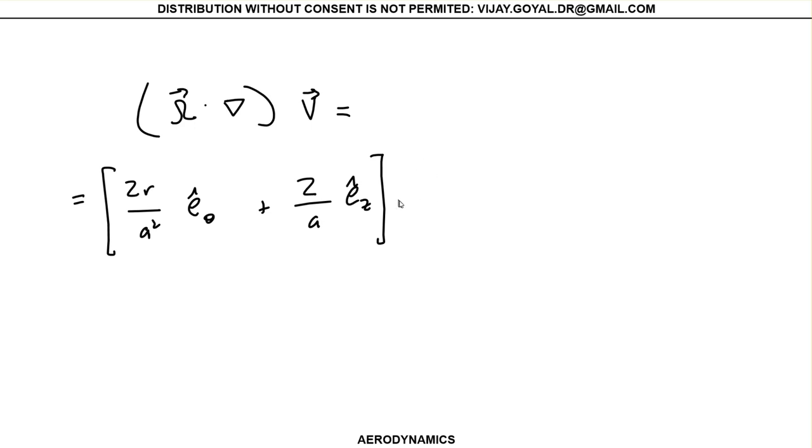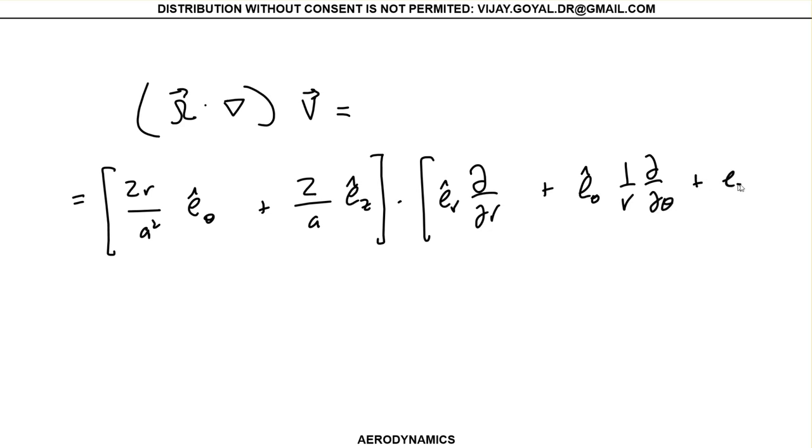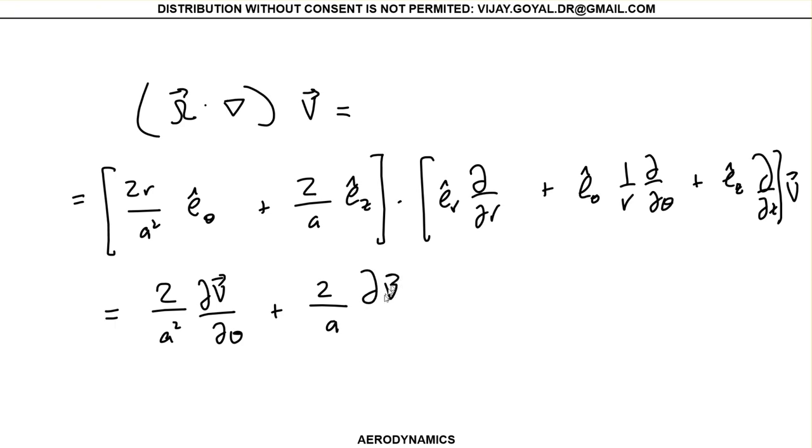So we evaluate the right-hand side, and this will give you 2 times r a squared theta plus 2a ez dot er partial of r plus e theta 1 over r partial of theta plus EZ partial of Z, multiplied by V. Okay, so when you do the whole thing, you find this is equal to 2a squared partial of V with respect to theta plus 2 over a partial of V with respect to theta.